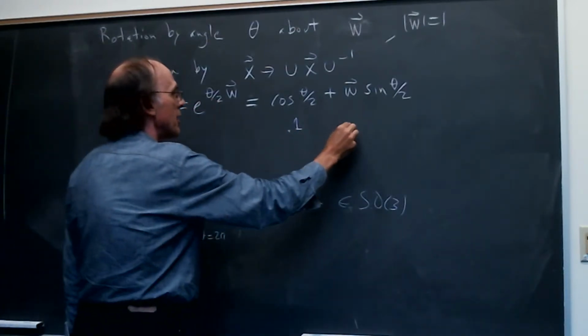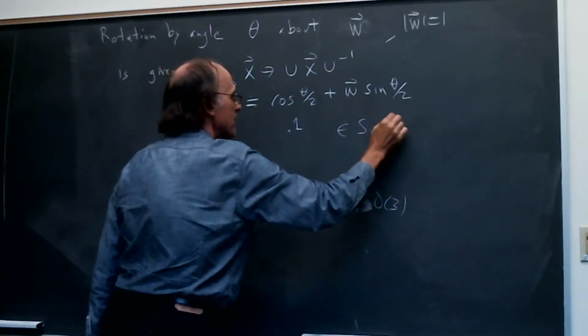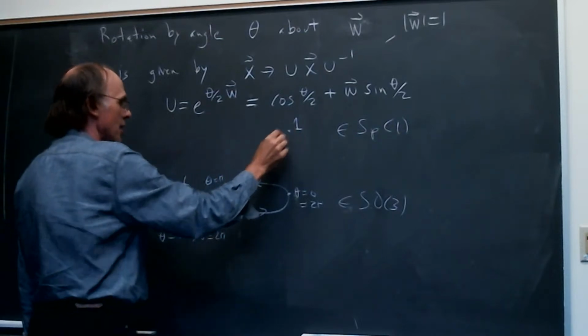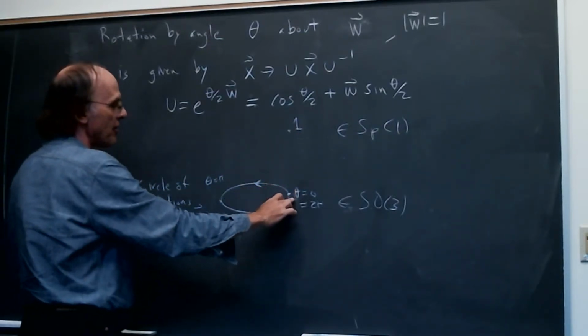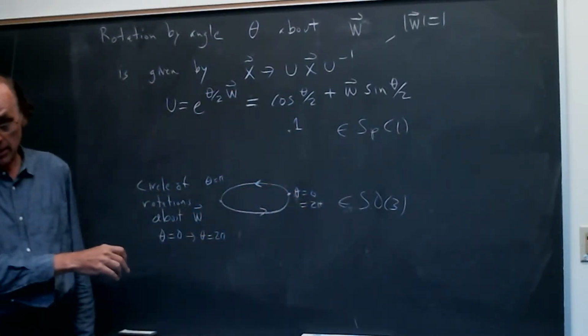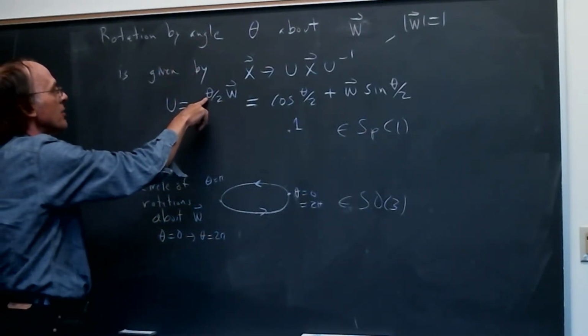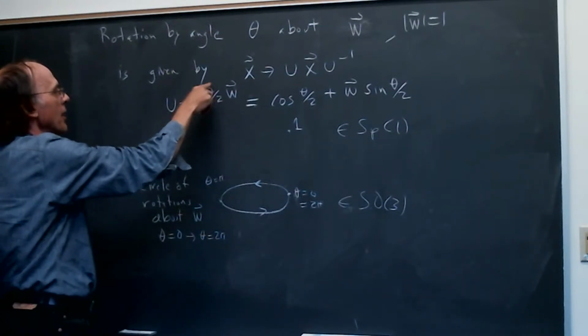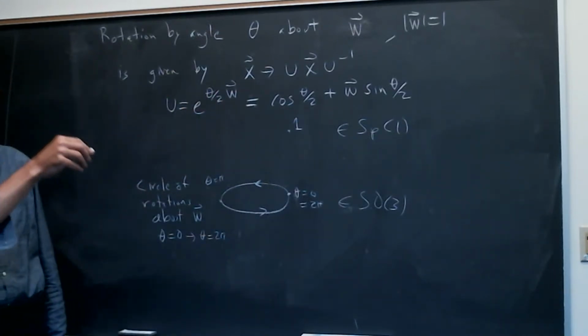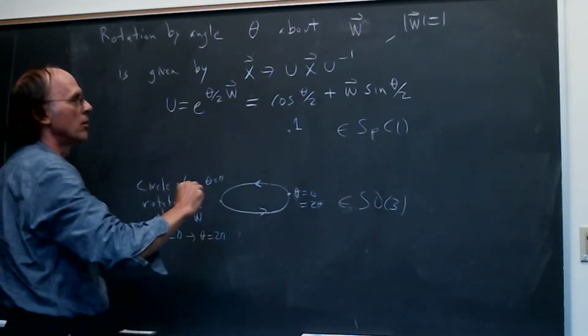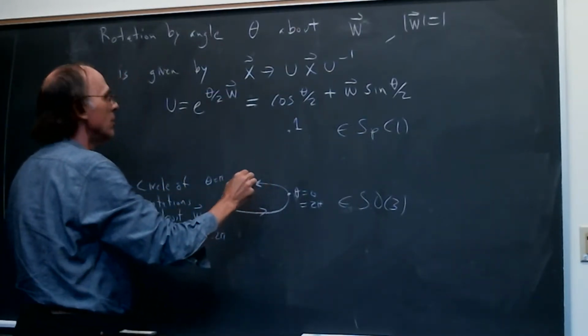Here you're going to be up in Sp1 or Spin 3, and as you go around from theta equal to 0 to theta equal to 2 pi, theta over 2 just changes from 0 to pi, and e to the pi w vector is -1.